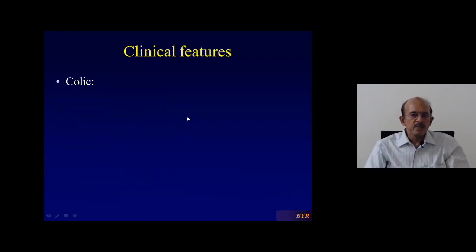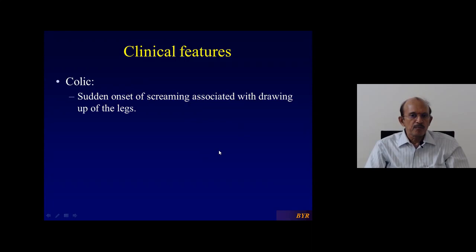Clinical features. Whenever there is intussusception, there will be pain. So the child will be crying with colicky pain. So sudden onset of screaming associated with the drawing up of the legs. This is how you recognize a colicky pain in a child, because the child cannot say how the pain is.